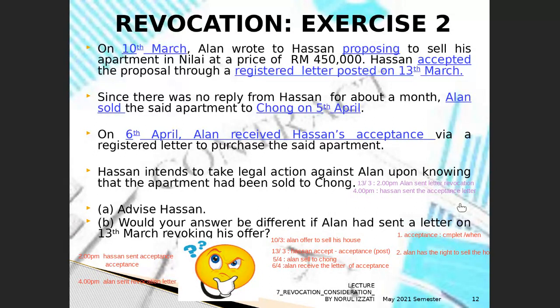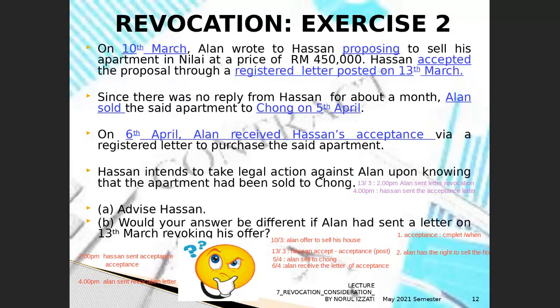So the issue here is we have to check when the letter of revocation reaches the person. So let's say the letter of revocation reaches Hassan on the 14th of March.